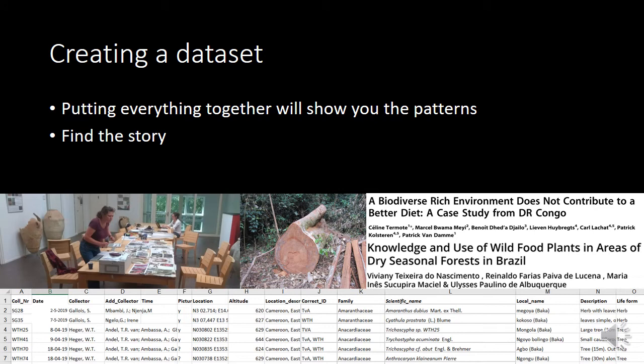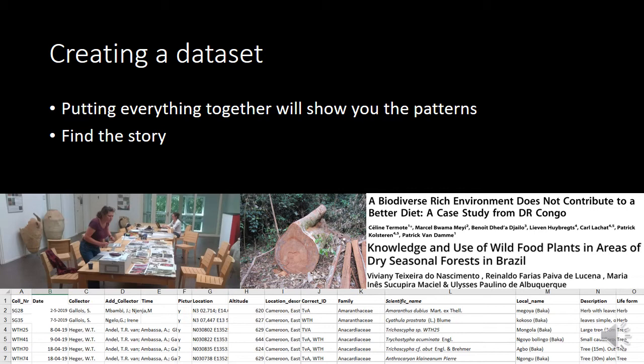And once you're back home, you get this huge jambalaya of species that still have to be identified in the picture you saw before. And this eventually leads to a data set with all the different species in there and lots of other information, such as how it is used, what kind of tree it is, what kind of life form it is.